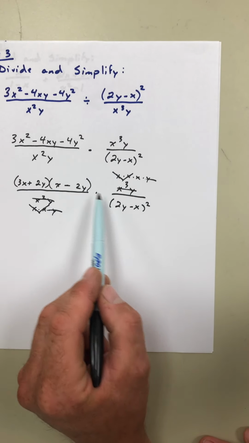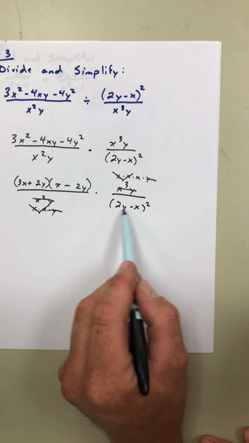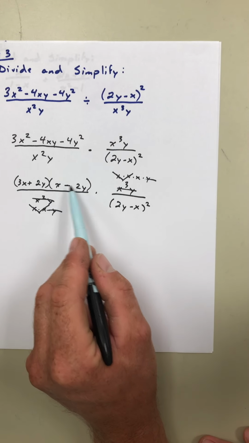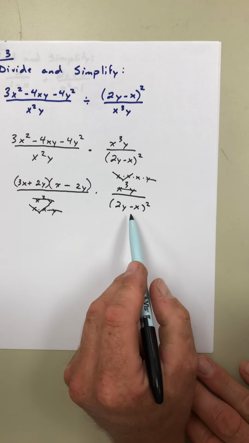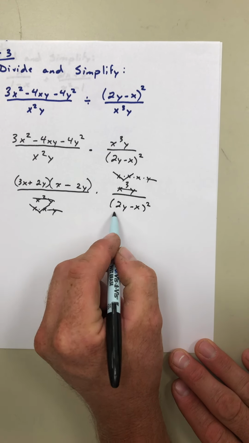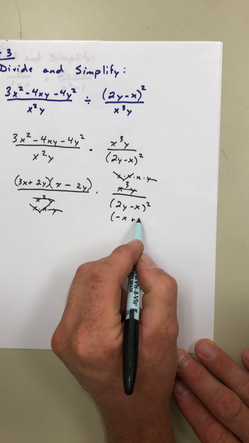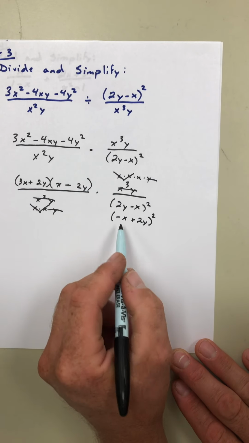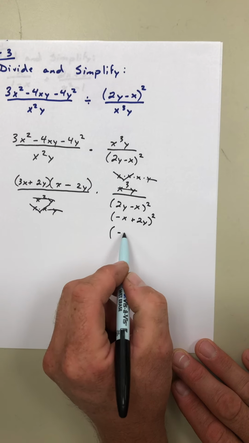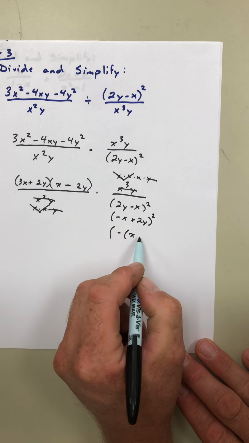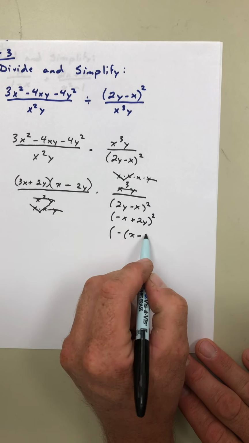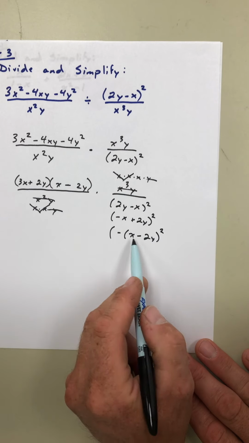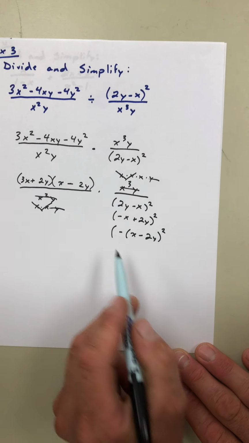So that leaves me with just that x on the top. Now if I look at my binomials, notice this 2y minus x, very similar to this x minus 2y. What I can do is rearrange this, so I get negative x plus 2y squared, looking a little more like it. If I factor out a negative, I can take a negative of x minus 2y squared, again looking very close to it.